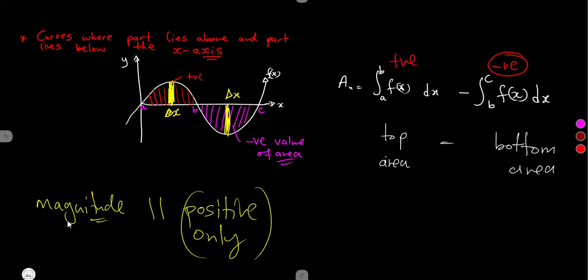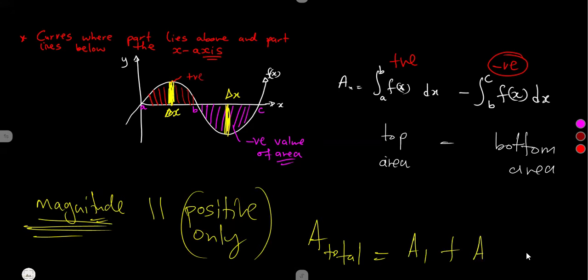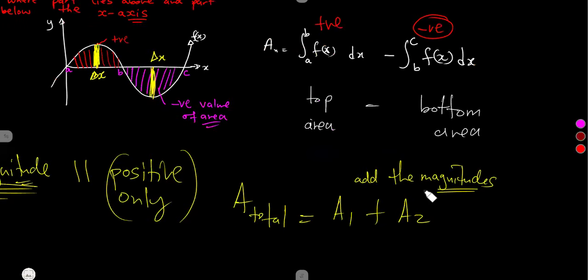So if you are working from the magnitude, it means our total area is calculated by just the sum of the two: area 1 plus area 2. You just need to add the magnitudes. This is the most important part. Add the magnitudes of the areas.